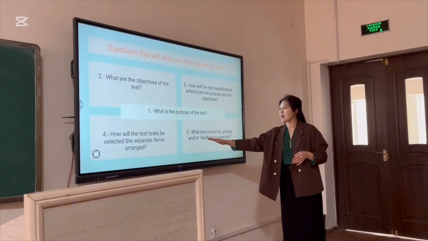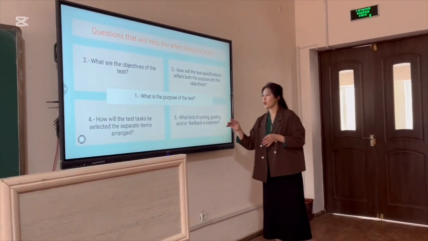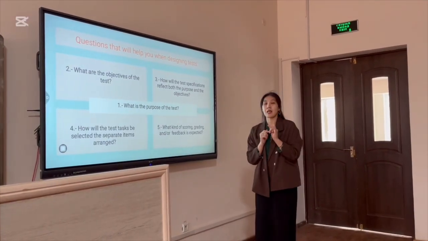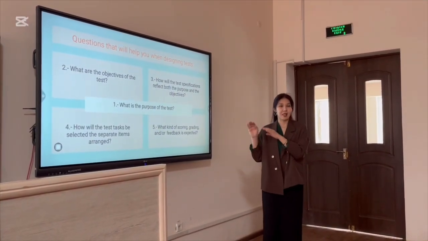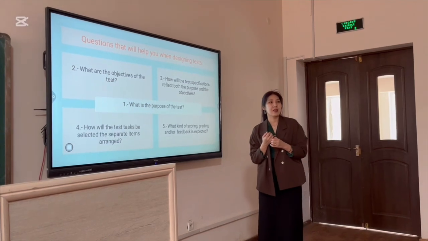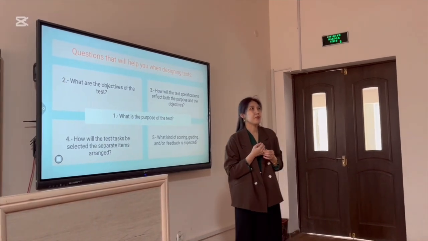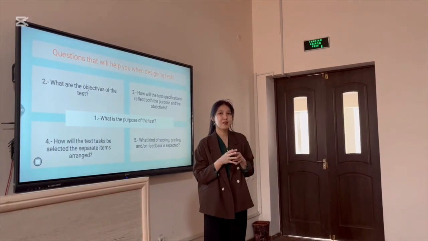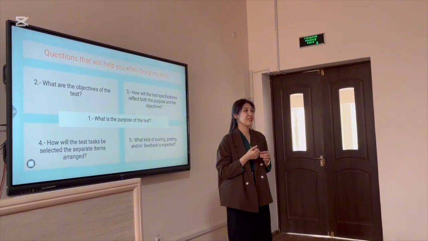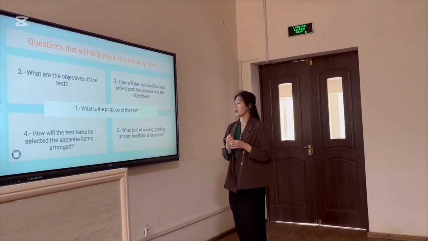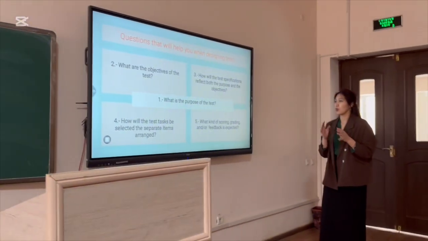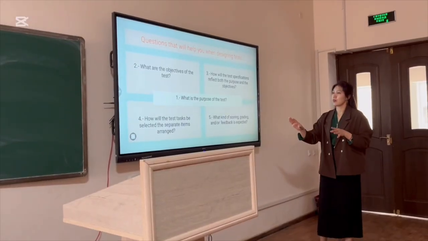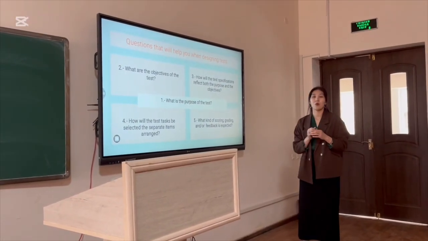And the last, fifth question is what kind of scoring, grading, or feedback is expected from the test? After doing the test, are you given the feedback or the scoring? So it means that your test corresponds to or can respond to these four or five questions.